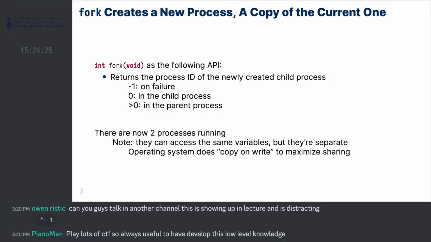And in the parent, it's going to be greater than 0 because it gets the process ID of the child. After this point, there are two processes running. They can access the same variables and are a complete copy, but they're separate after the fork because they have virtual memory. The operating system does things to essentially do this for free, but we'll get into the actual implementation later.